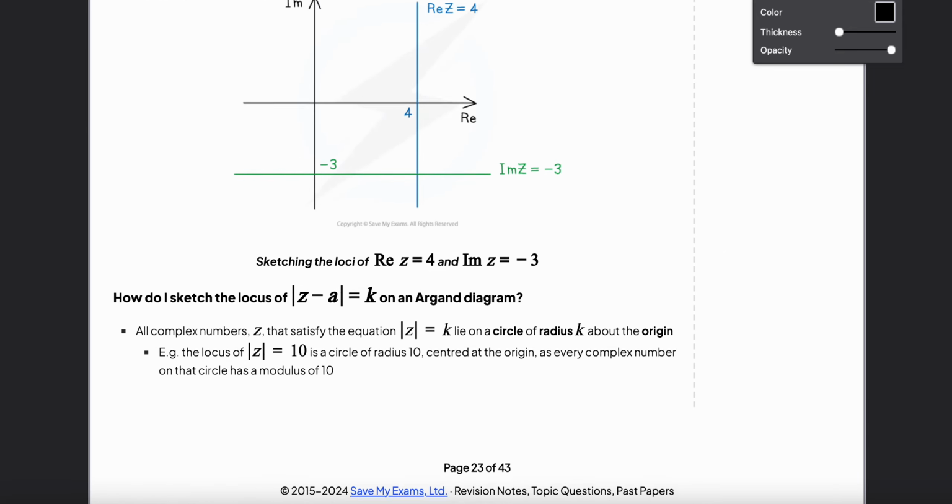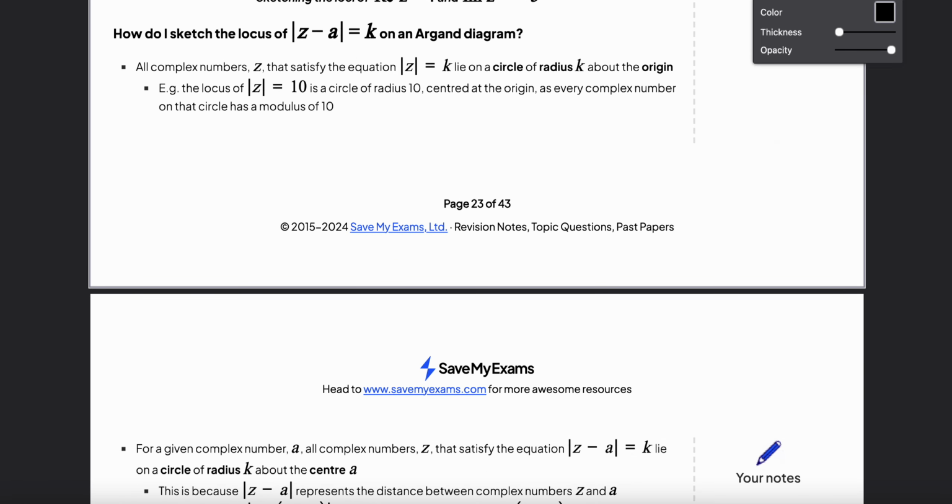Let's move on. Now we want to look at how to sketch the modulus of z minus a equal to k, right? What we need to know is a here is representing a complex number. It's not limited to integers or real numbers only.